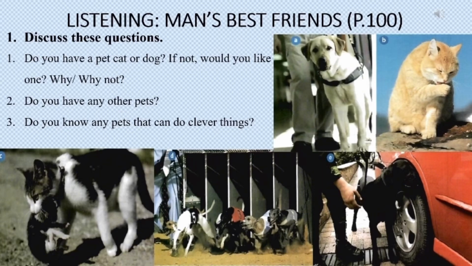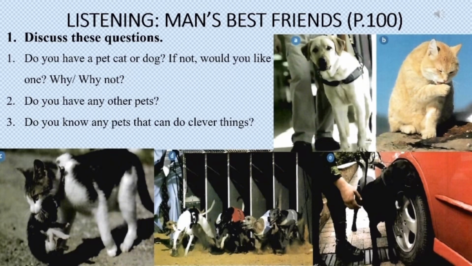Before we listen, let's look at the pictures on page 100. What can you see? Yes, that's right. You can see cats and dogs, our lovely pets. Today's listening is called Man's Best Friends. Can you guess what it's about?